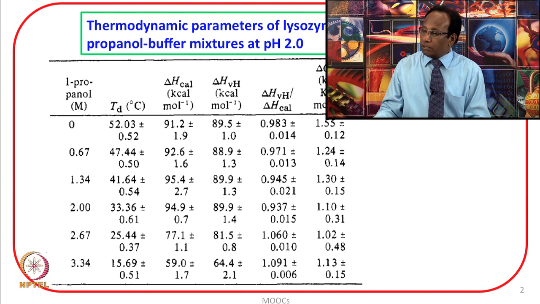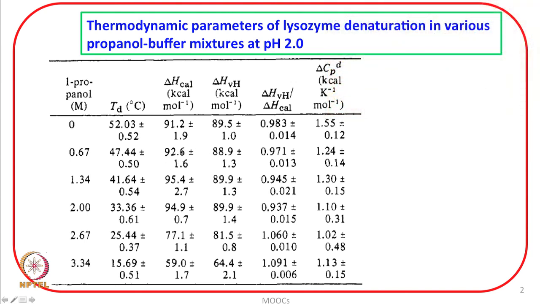And if you see, the calorimetric enthalpy is slightly increased rather than decreased, there is a marginal increase in the calorimetric enthalpy. Van 't Hoff enthalpy can be calculated. I will comment on the Van 't Hoff enthalpy a bit later. And the associated change in heat capacity has also gone down a bit.